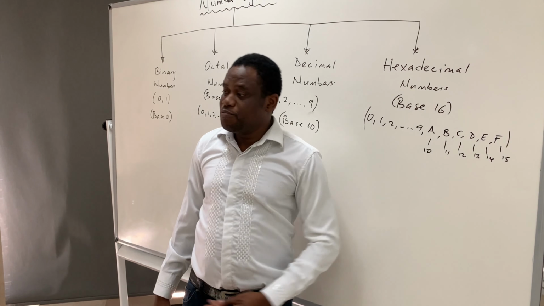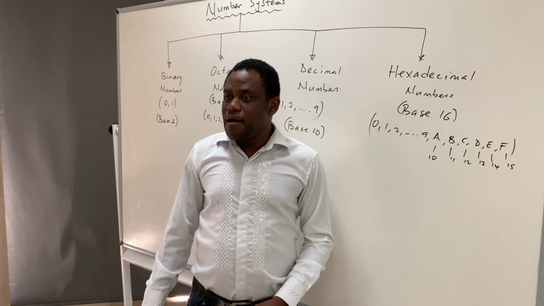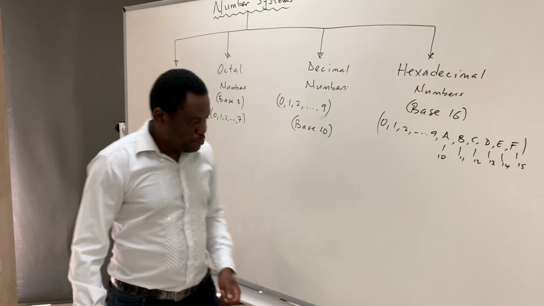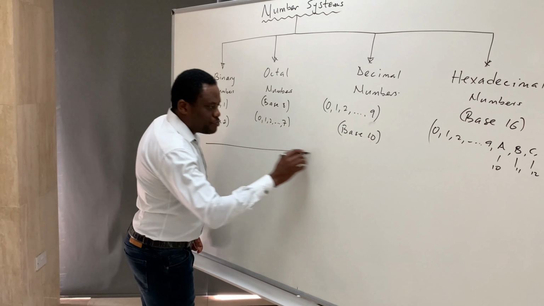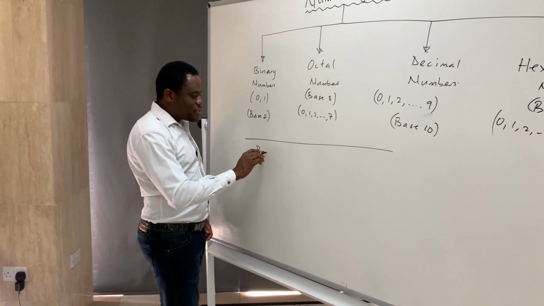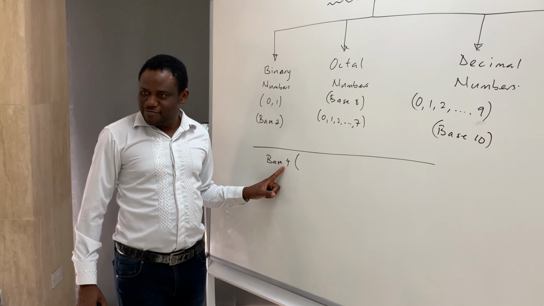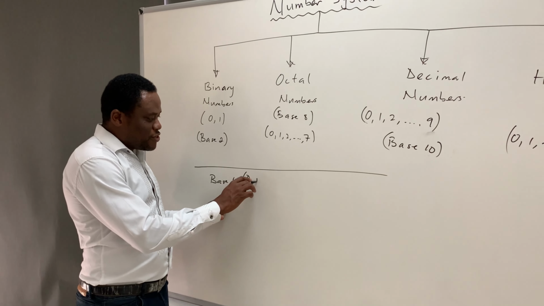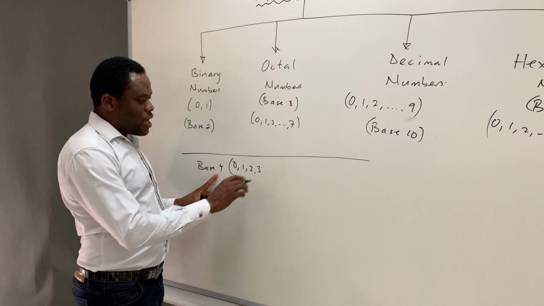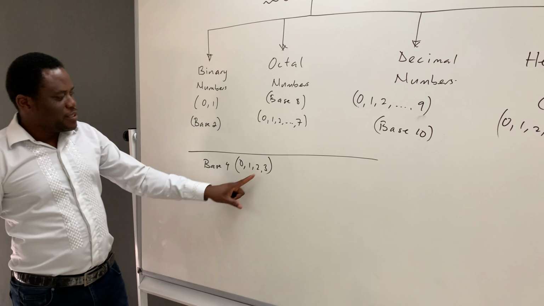So if I ask you now, what are the numbers that consist of base 4? Base 4 means it consists of numbers up to 3. Right? So we have 0, 1, 2, and then 3. This is base 4.